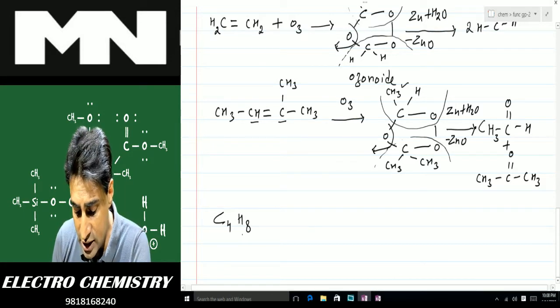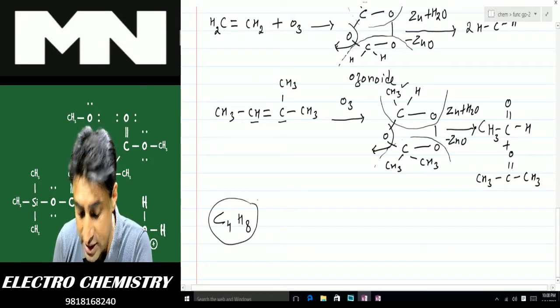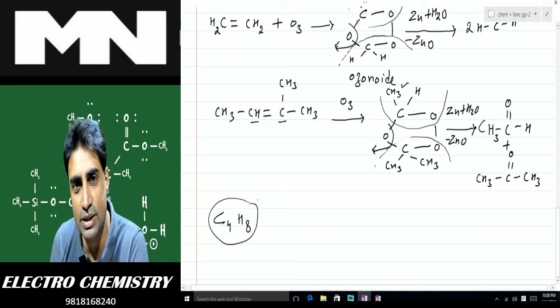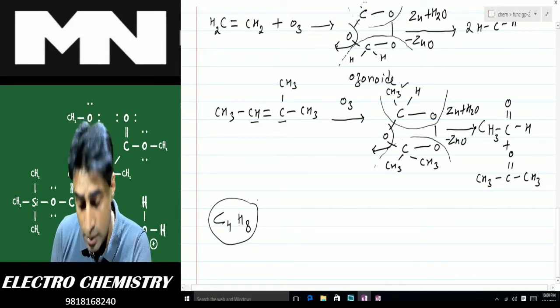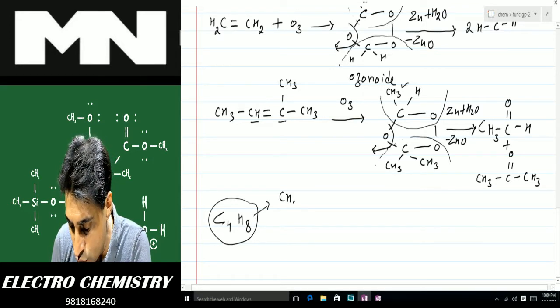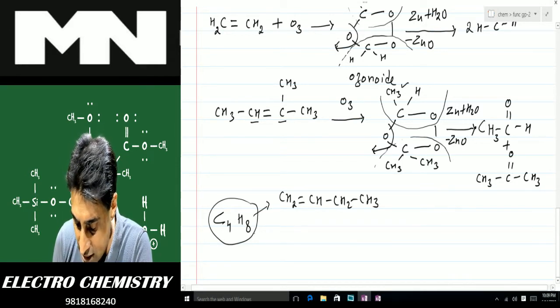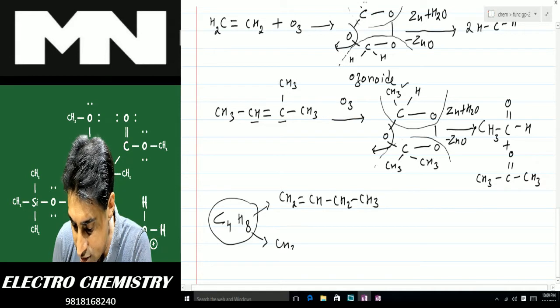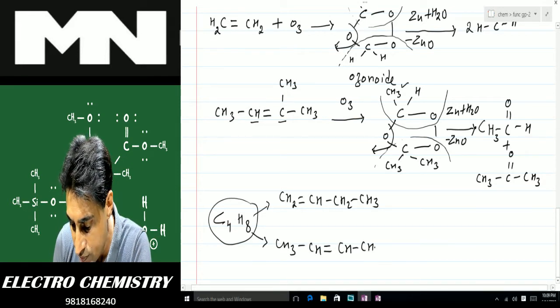If I have a look at this formula, it basically fits into the formula of alkene, that is CnH2n. But the 2 possible alkenes can be CH2=CH-CH2-CH3, and the other possible alkene is CH3-CH=CH-CH3.